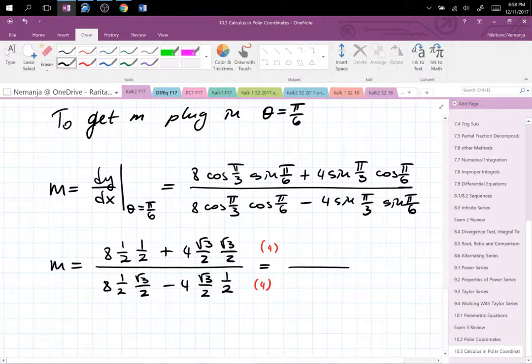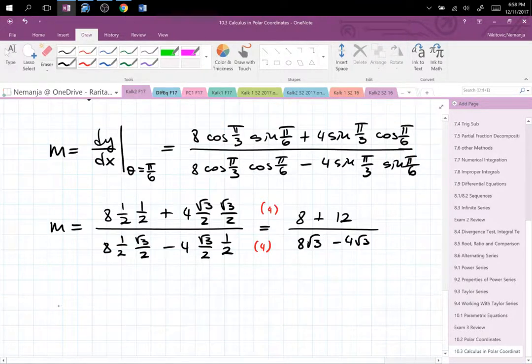And you are left with 8 plus root 3 times root 3 is 3 times 4 is 12, and on the bottom, you have 8 root 3 minus 4 root 3. Well, that's much easier. 8 plus 12, in my book, 20, divided by 4 root 3. Divide by 4 and multiply by root 3.